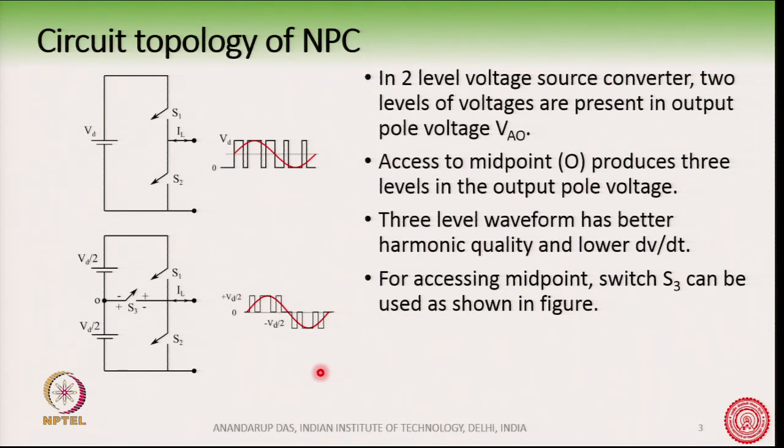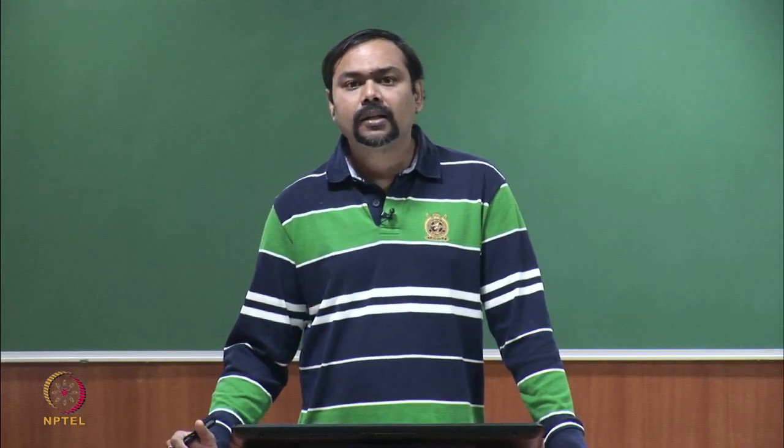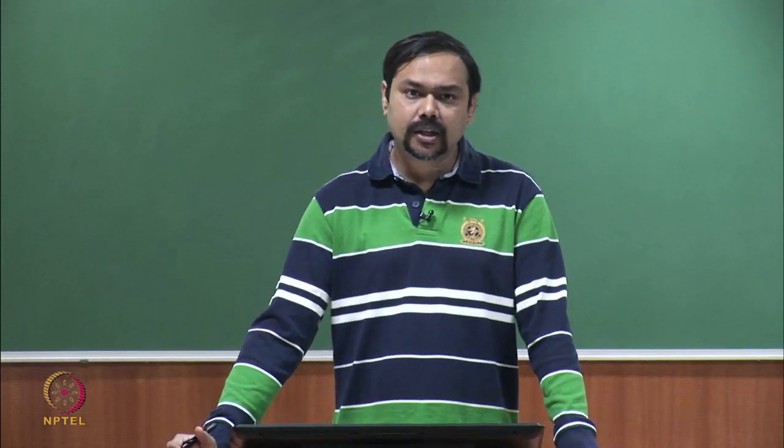We can do the Fourier analysis of this. So, the question is, how can we get this kind of waveform from the converter? That can solve many of the problems we encounter in a conventional voltage source converter.